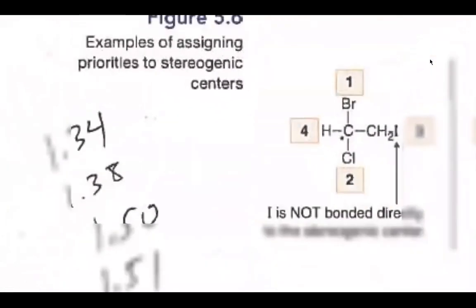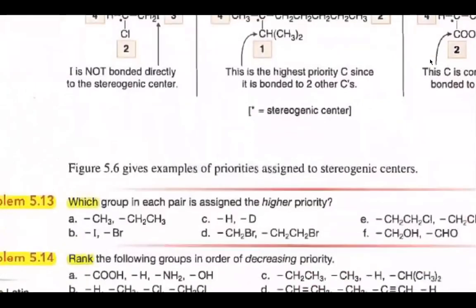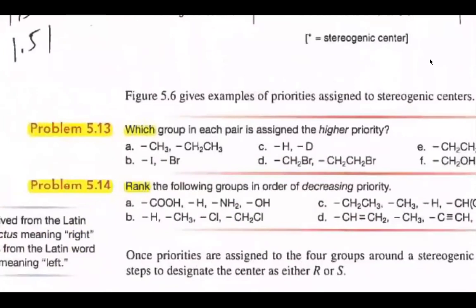All right, so when you're determining the configuration, you have to determine what's called a priority. Again, it's based on atomic mass or atomic number. Looking at problem 513A, it asks which group has a higher priority.